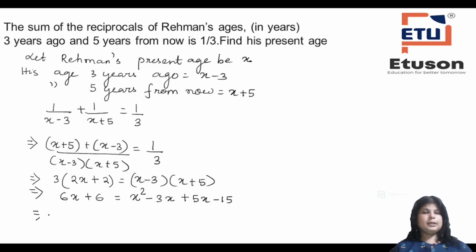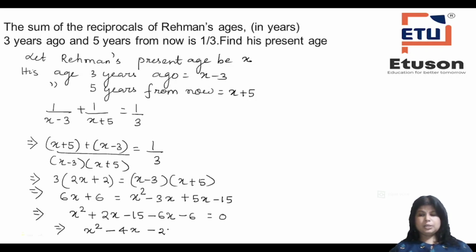So you will get x square, minus 3x plus 5x is plus 2x, right? So x square plus 2x minus 15. So let us bring this 6x and plus 6 to the other side. So minus 6x minus 6 is equal to 0. So you will get x square minus 4x minus 21 is equal to 0.